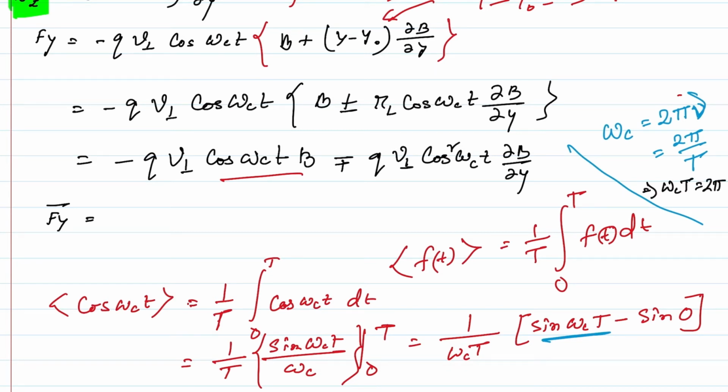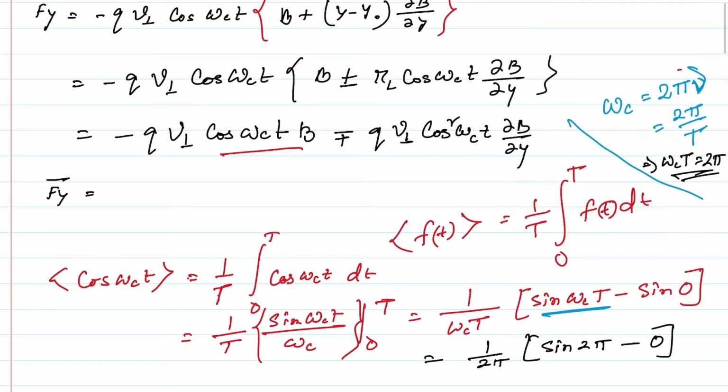Let us use this value here. So we can write 1 by 2 pi, then sine twice pi minus sine 0. Sine 0 is nothing but 0, and the value of sine twice pi is also 0, so this part becomes 0.